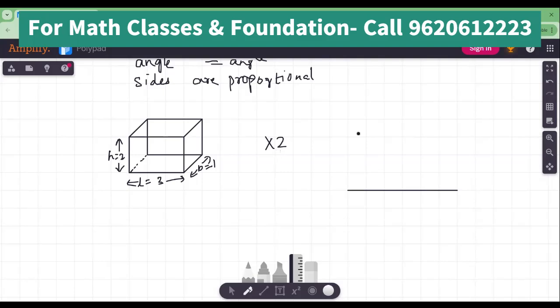The height should be 4, right? Now, this is my first rectangle. And for the next one, breadth is 1 here, times 2. That means breadth must be 2 here, isn't it? Breadth must be 2 here and I go like this, right?